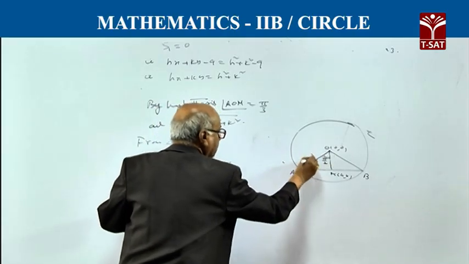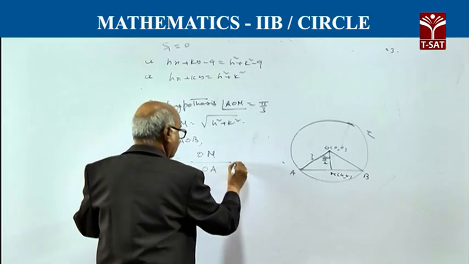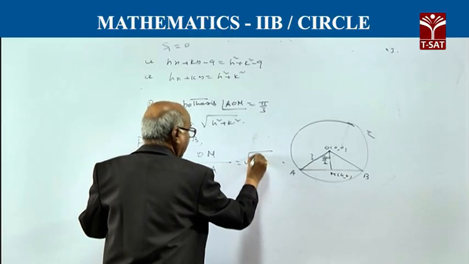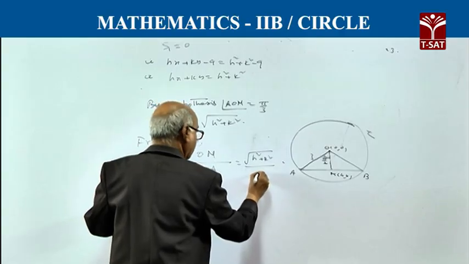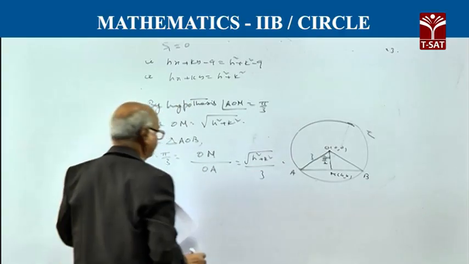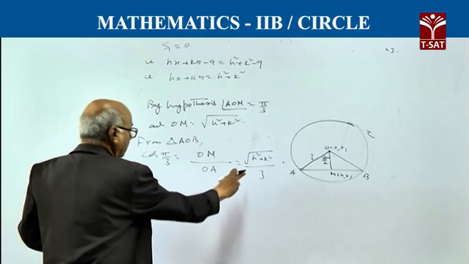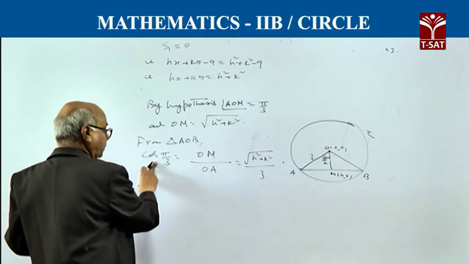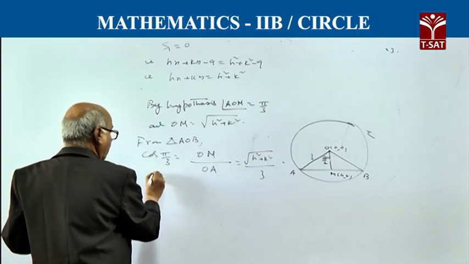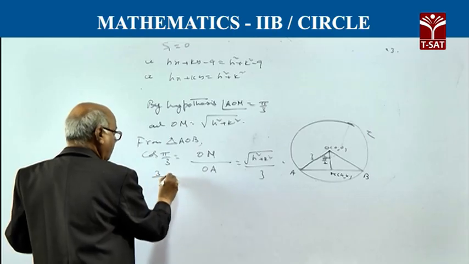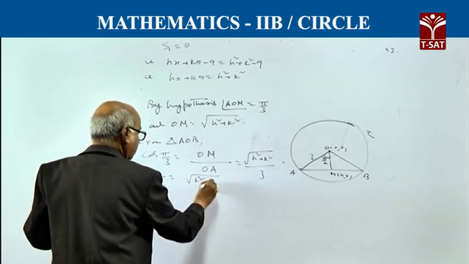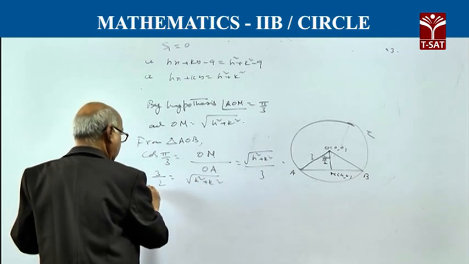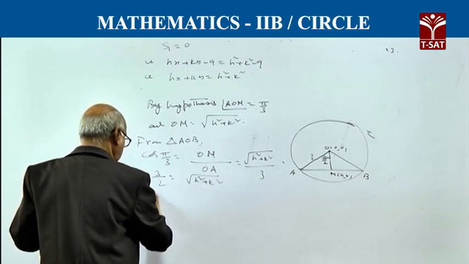So that is square root of h square plus k square by 3, and cos pi by 3 is equal to 1 by 2. So 3 by 2 is equal to square root of h square plus k square.